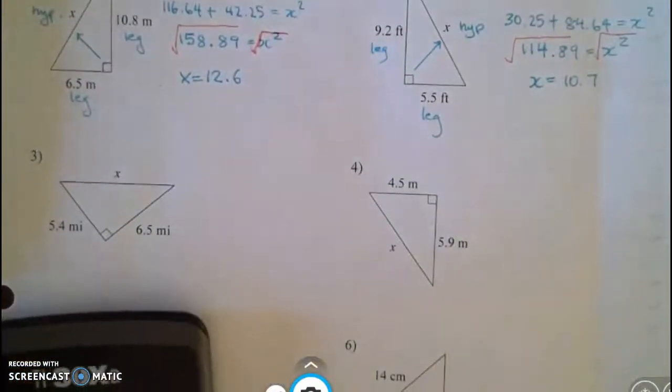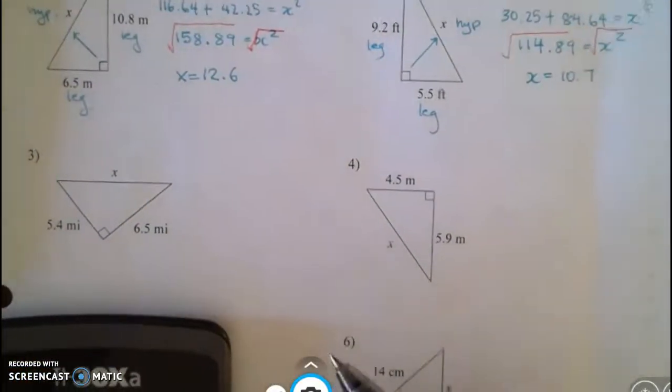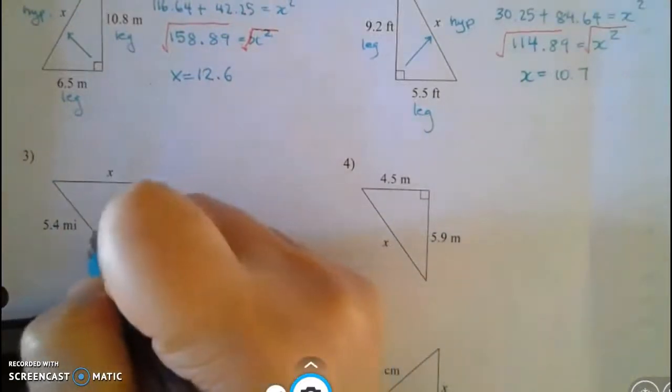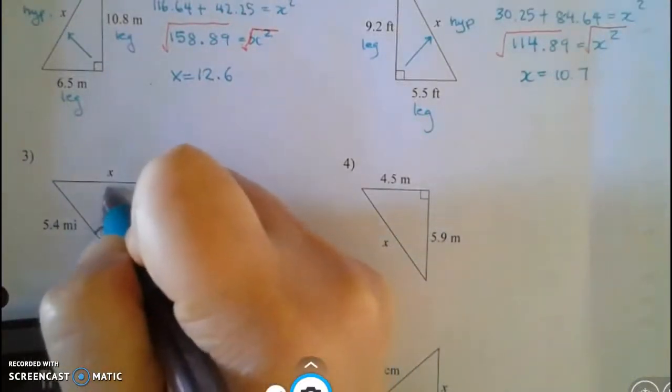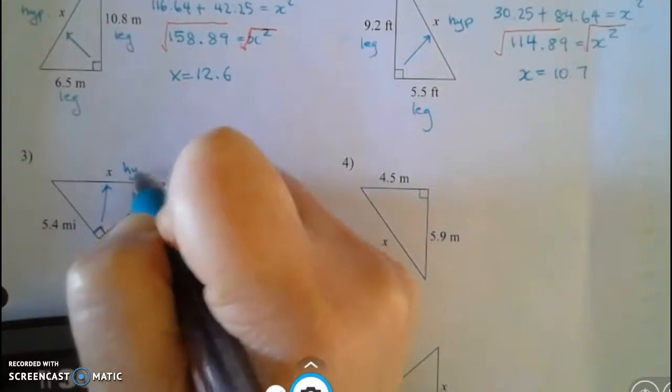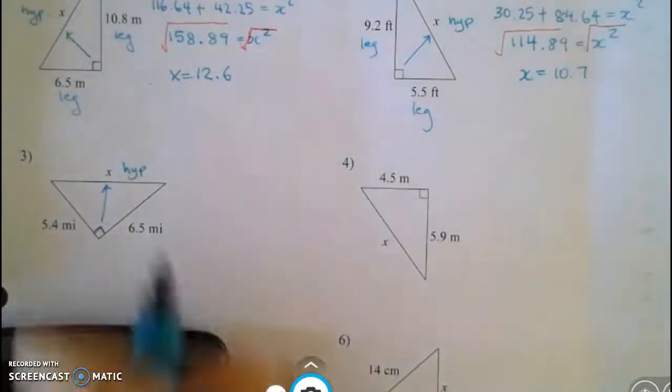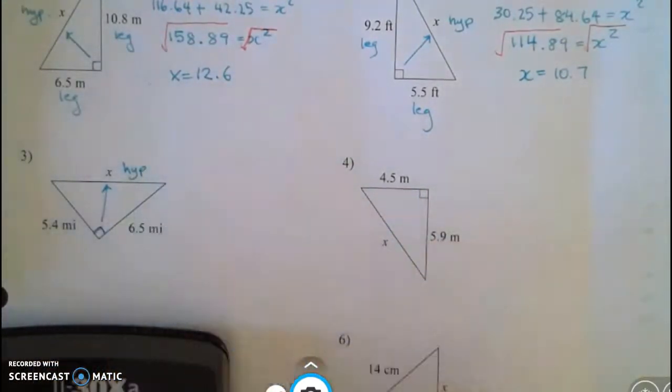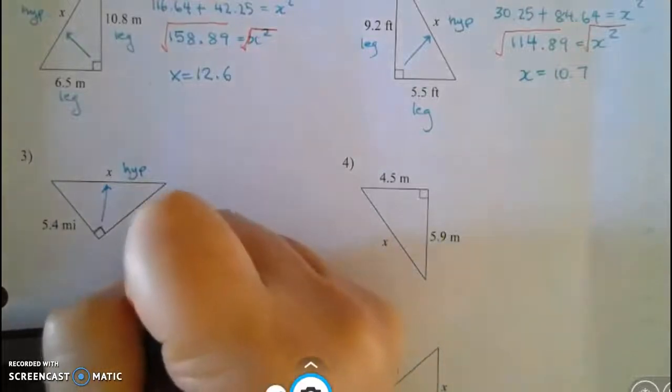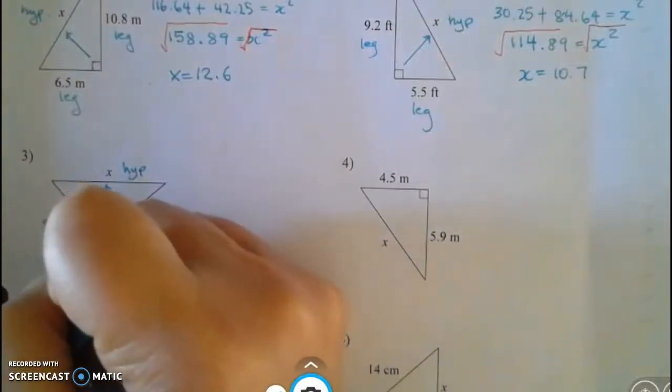Number 3. Okay, first identify the hypotenuse. This is my right angle. Across from the right angle is the hypotenuse. You can't go by where the location is, because the triangle, as you can see, is rotated, which means this is a leg and this is also another leg.